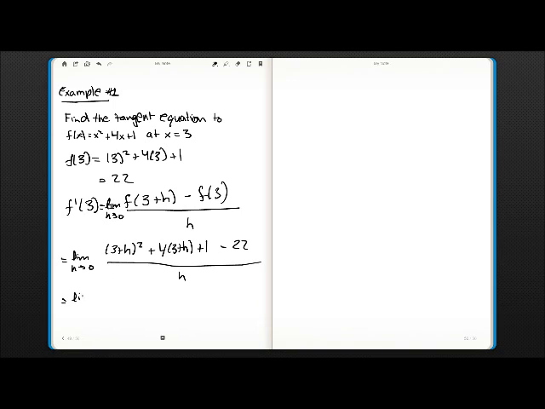If we expand these, we will get 9 plus 6h plus h squared plus 12 plus 4h plus 1 minus 22 all over h. And as you can see, 9 plus 12 plus 1 minus 22 will all cancel out and give you 0.